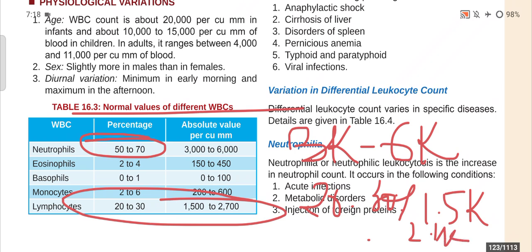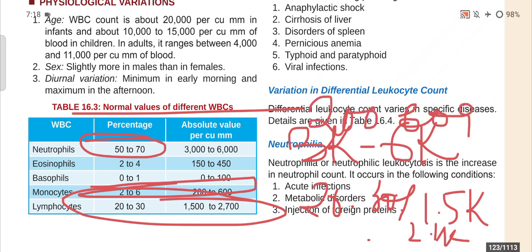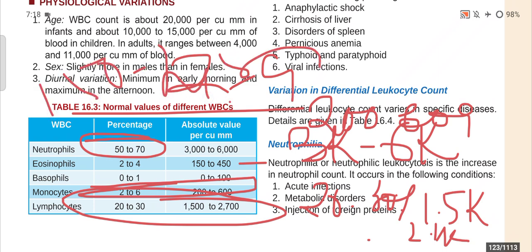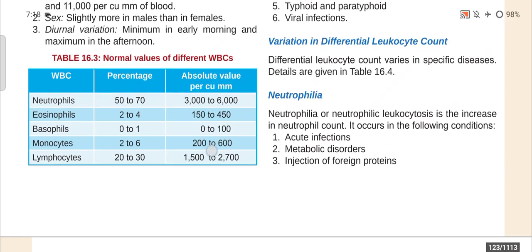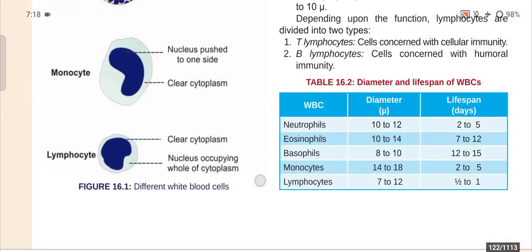Then in the third position, monocyte, 2 to 6% and quantity is 200 to 600. Then eosinophil, 2 to 4% and it is 150 to 450. Then the basophil, 0 to 1% and the quantity is 0 to 100. So these are the normal values of the different types of WBC.